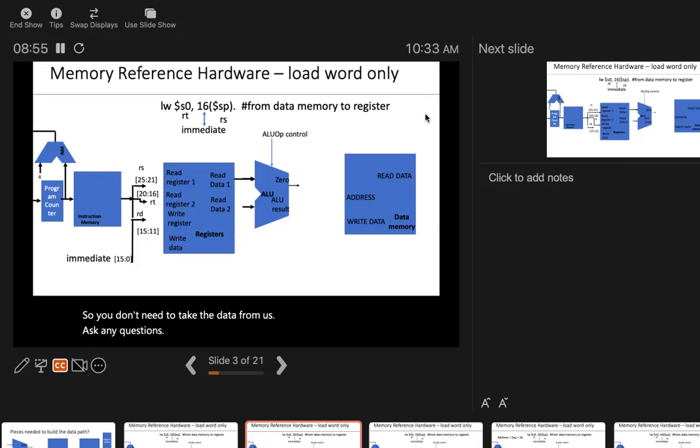So if you put RC to the register, what are you going to do? RD. Yes, exactly.